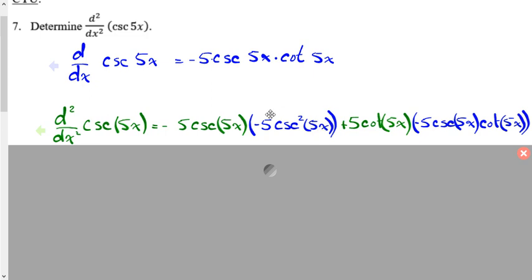Then we have our second function. Notice I kept this 5 coefficient in the front here. And as you probably noticed, and I'm just seeing now, if I'm going to keep this negative 5 as a coefficient of the second term, this sign here should actually be a negative sign.